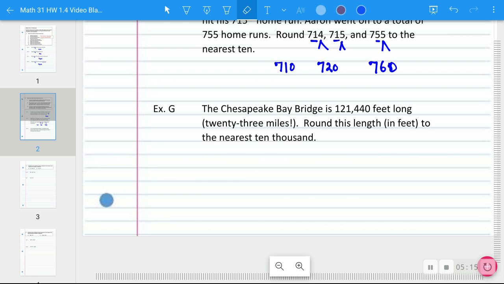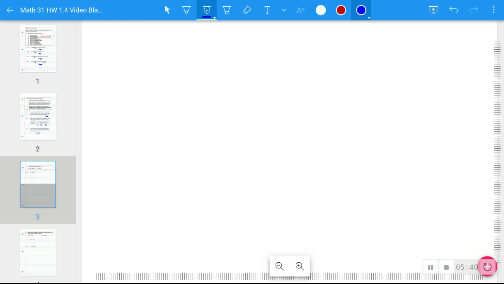Well, here's the 10,000 spot, and next to it's a 1. So instead of 130,000, we're going to leave it at closer to 120,000. The 2 doesn't get changed. Now notice that every digit to the right of it becomes a 0. And that's how you round.